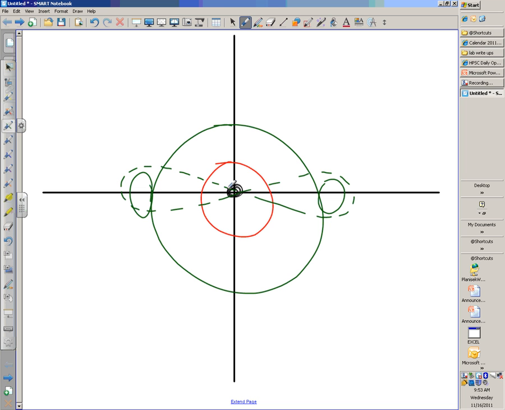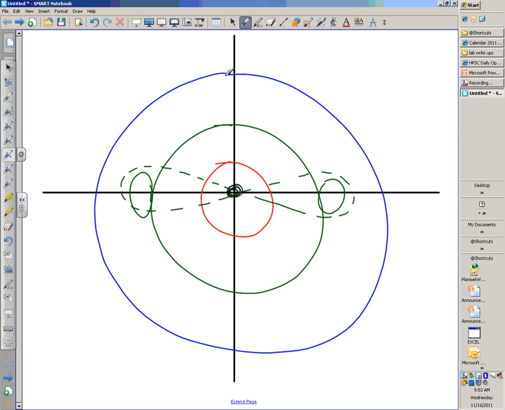And then we had a blue circle outside of it, also with little ears. Let me draw the ears now like this. So we had this picture up on the board yesterday.